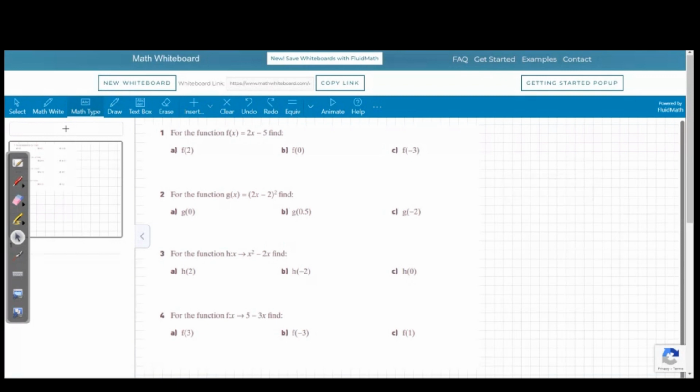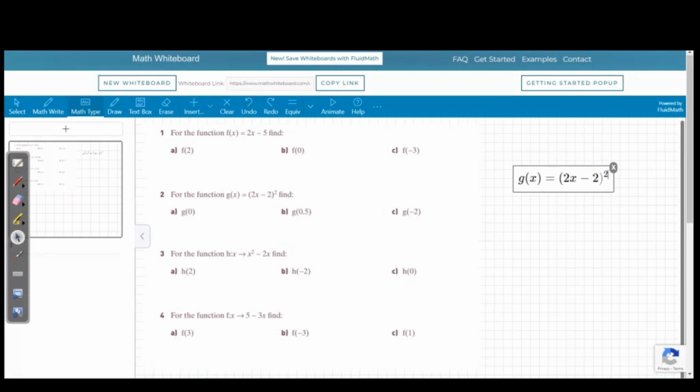So this is the function. It is g of x, and g of x is equal to, we open our bracket, we have 2x minus 2 all raised to the power 2.